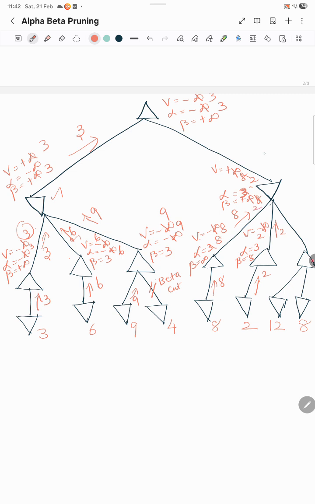Now for min node, whether v is lesser than or equal to alpha, yes, 2 is lesser than 3, so here you have alpha cut.